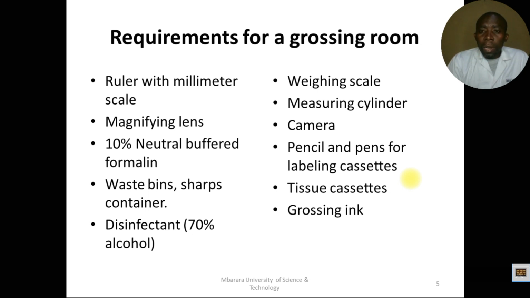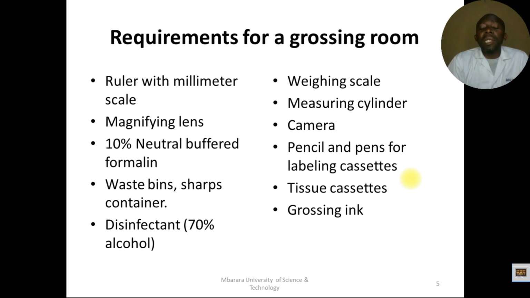So we need a pencil and pen for labeling cassettes. We label cassettes with the tissue identifiers, and this should be the same as what appears on the request form accompanying the tissue. So these numbers will follow the tissue through all the steps in the process, from when we are grossing and labeling them on the cassette.